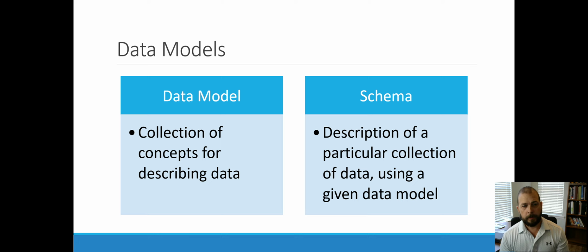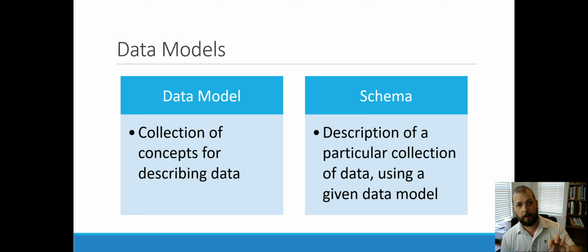Within the data models or within the database management system, you have a couple of different data models. The data model is the collection of the different concepts for being able to describe the data within these particular tables. This is what we're talking about: the entities, the attributes, the relationships. All right.